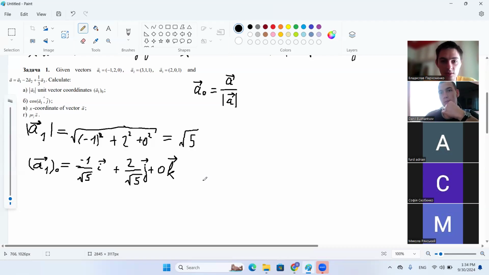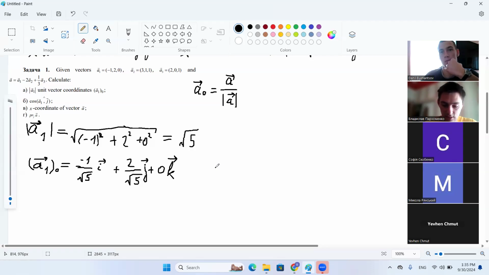Any unit vector has the same value of the magnitude, which equals 1. Yeah, it's 1. But in this example, let's verify it just to make sure that everything is correct.